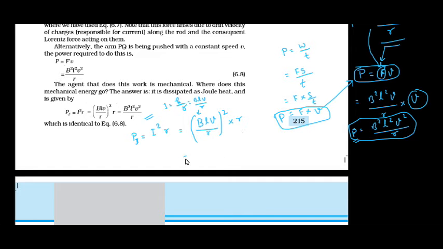So we can write B square L square V square upon R square multiplied by R. This gets cancelled. So ultimately we got B square L square V square upon R, which is the same as this. So in both ways we can find out the value of power.